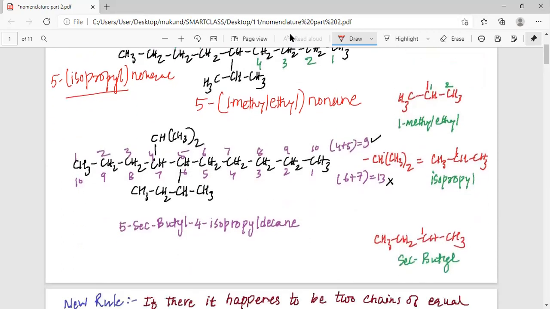Then, my dear students, we have the next one, which was initially called 5-secondary butyl 5-isopropyl decane.